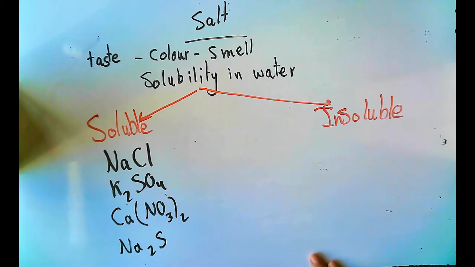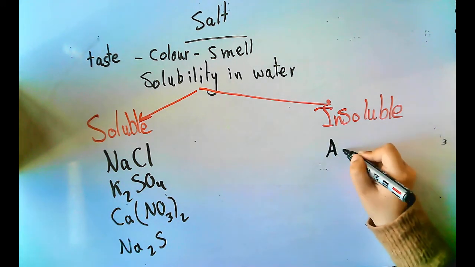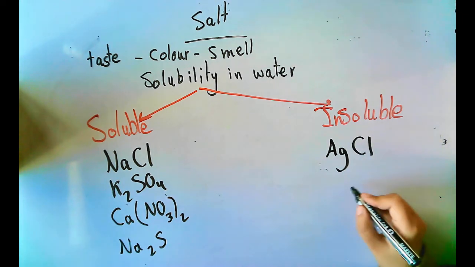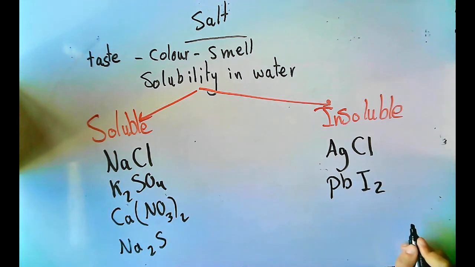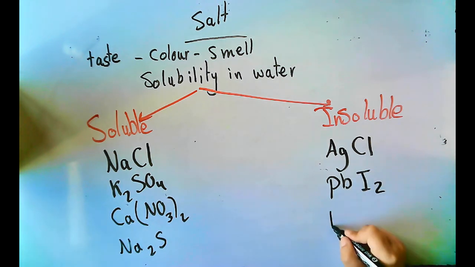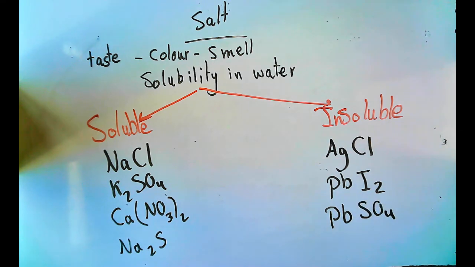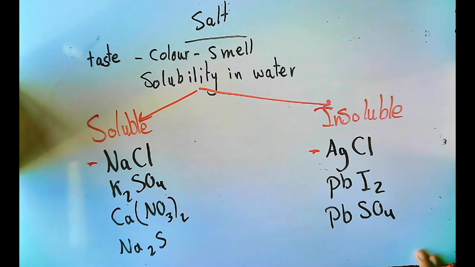Salts which don't dissolve in water, insoluble in water: silver chloride, lead iodide, and lead sulfate. Let's remember: sodium chloride dissolves in water, but silver chloride doesn't dissolve in water.